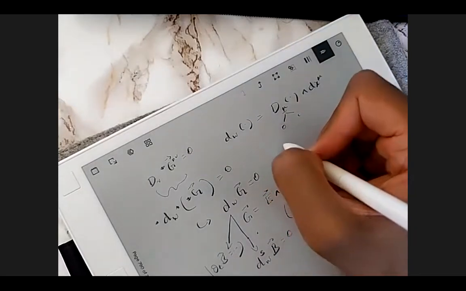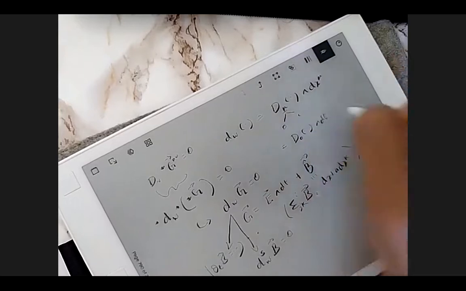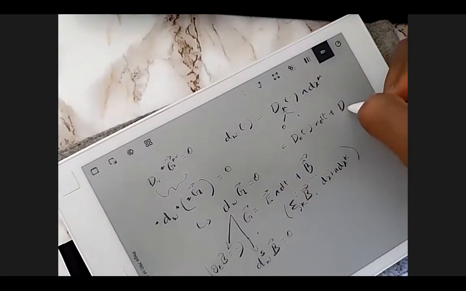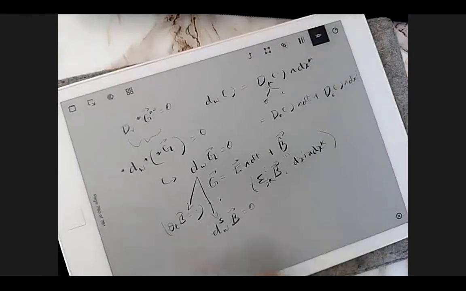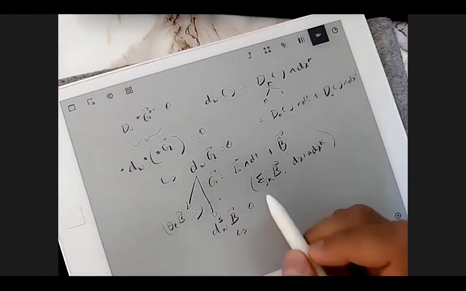So that means I have d_0 of something dt plus d_i of something dx^i. Cool. And this now means that the covariant divergence of B is 0.